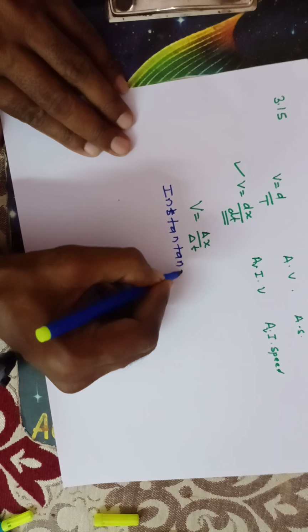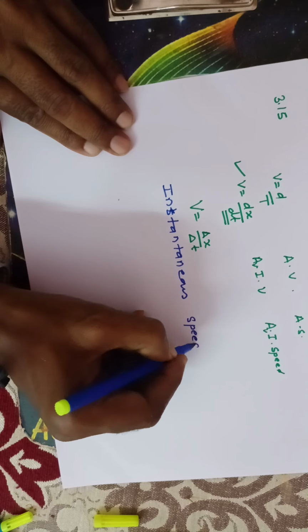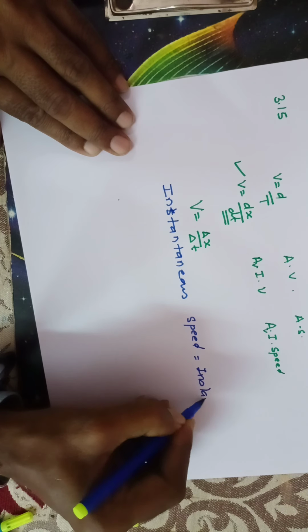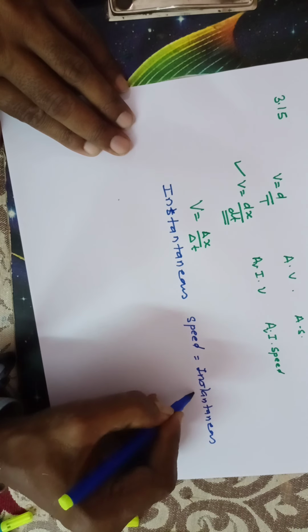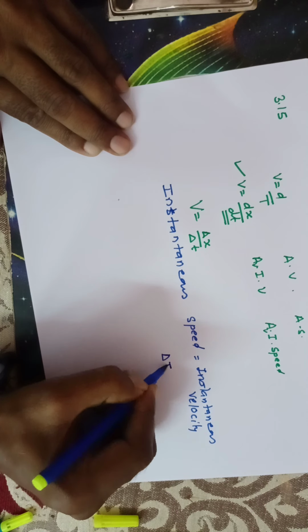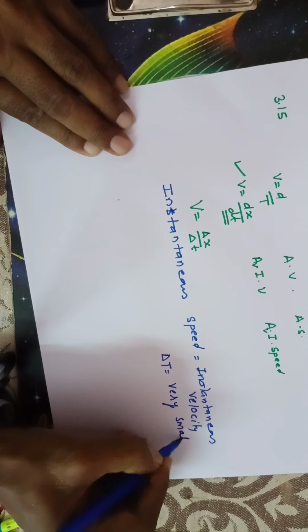Instantaneous speed is always equal to instantaneous velocity, since delta t is very small. So you know this thing.